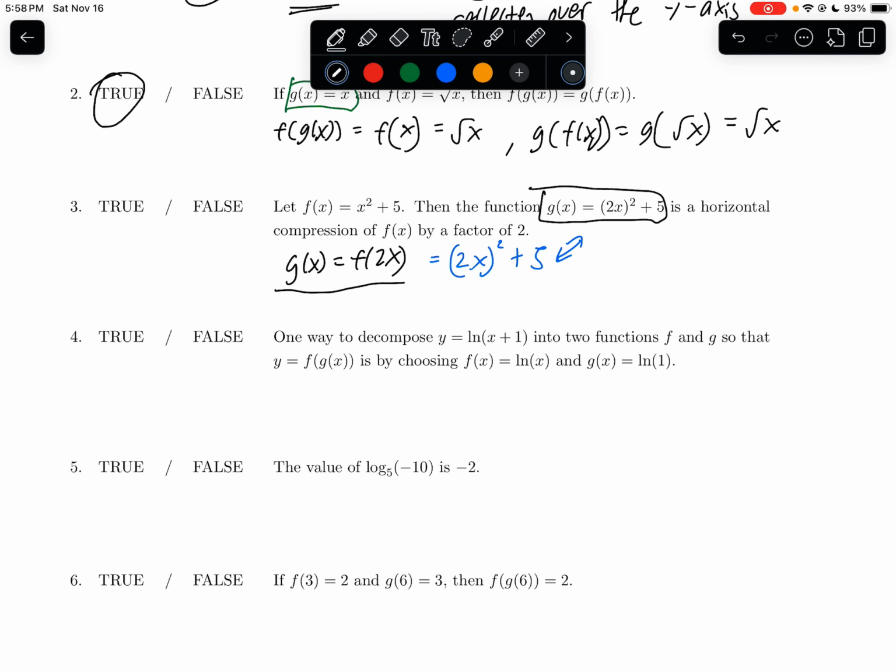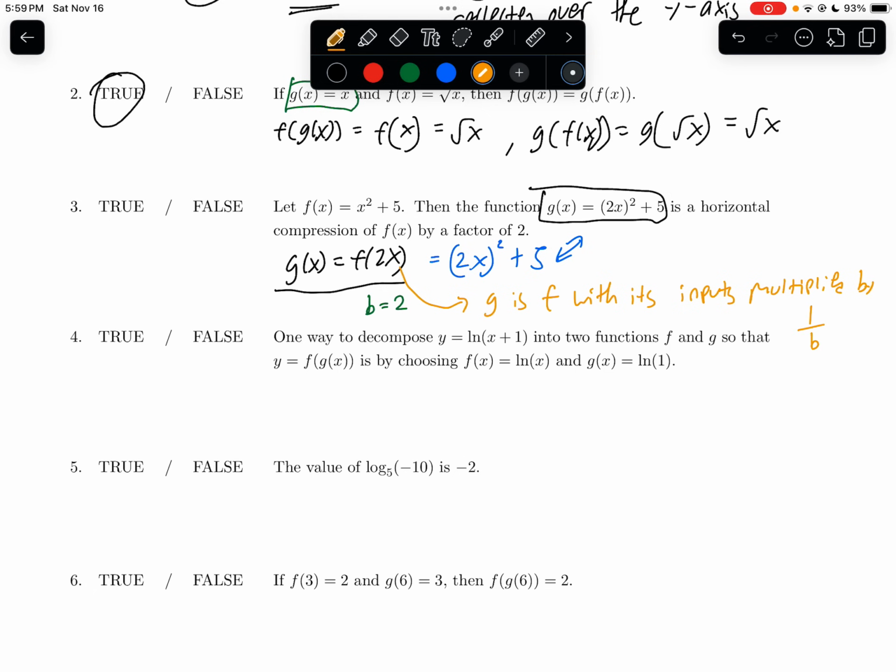That is a horizontal scaling. What we have in this class, we're saying here that b is 2. And is it the compression? Well, what this statement means is that g is f with its inputs multiplied by 1 over b.